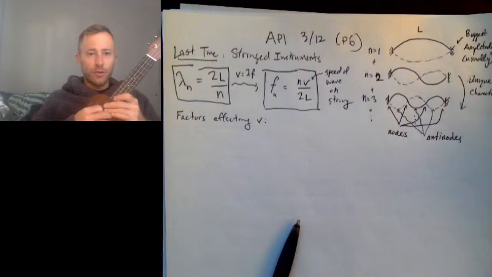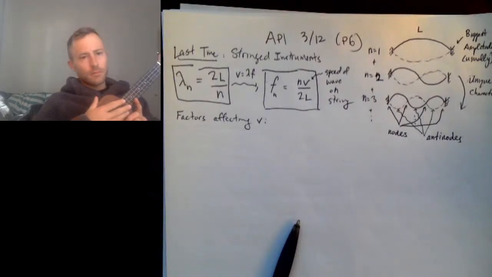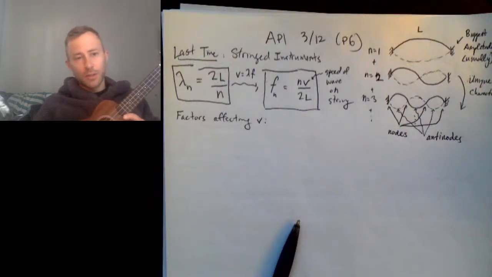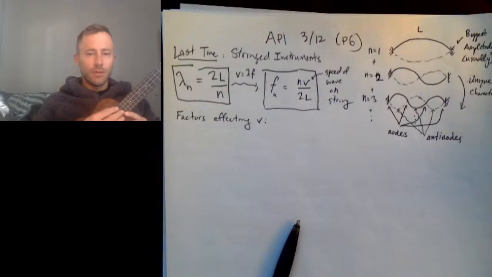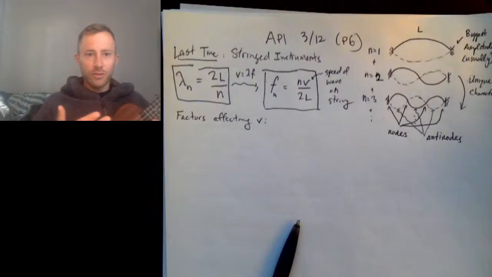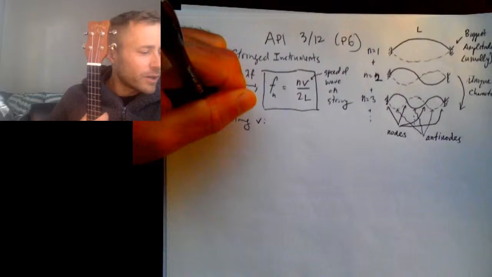The first thing is, what is the string made out of, and how thick is the string? You can have strings made out of nylon, or steel. There are various materials. Different strings have different thicknesses, and that affects the speed of a wave, because if the string is heavy versus light, it responds differently. So the density of the string has an effect.